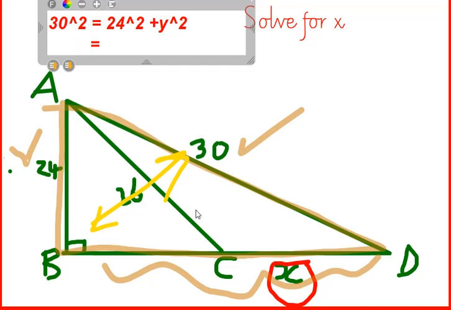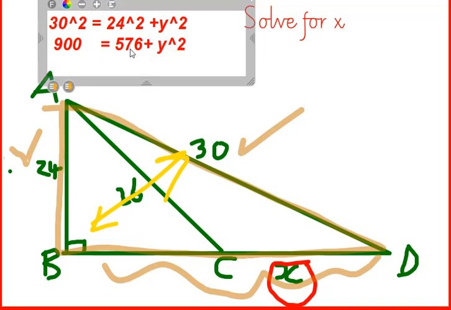And so we are going to solve it and say 30 squared is 900. So let's fill that in. And we know that 24 squared is 576, and you can use your calculator for that, plus y squared. We need y, because y is the distance BD.